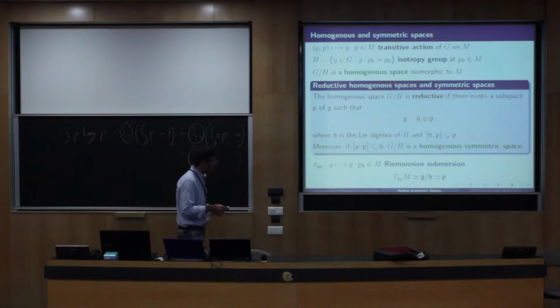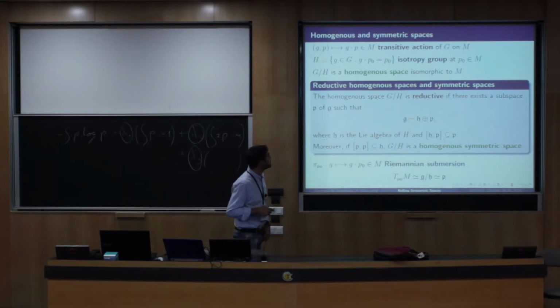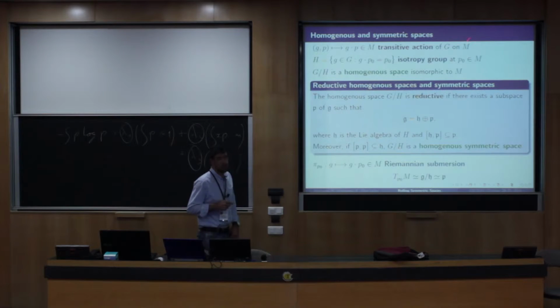So about homogeneous and symmetric spaces, we start with the transitive action of a Lie group G on a manifold M. If we pick an arbitrary point P0 in the manifold M and consider the subgroup of the Lie group G that fixes the point P0, then we get a subgroup of G that is called the isotropy or the stabilizer group at the point P0.